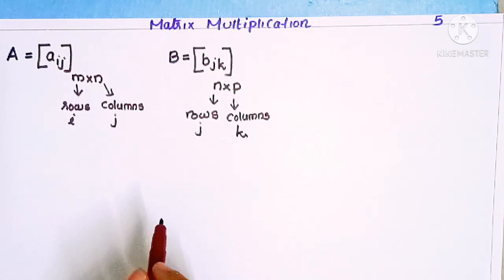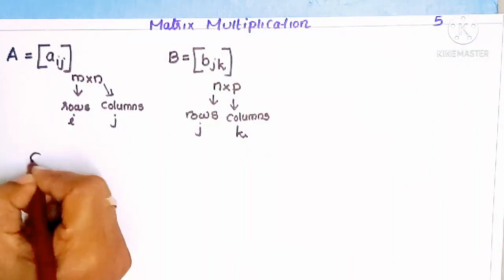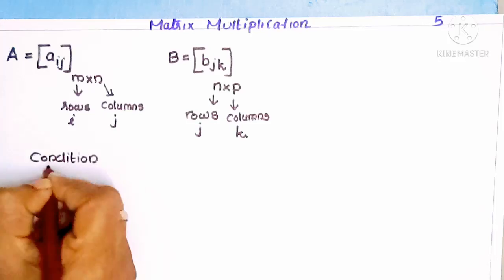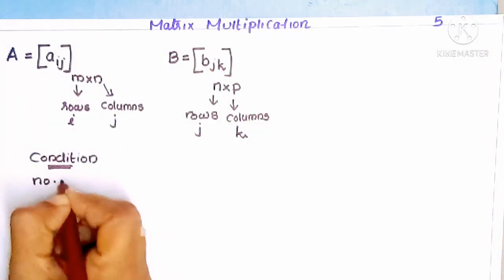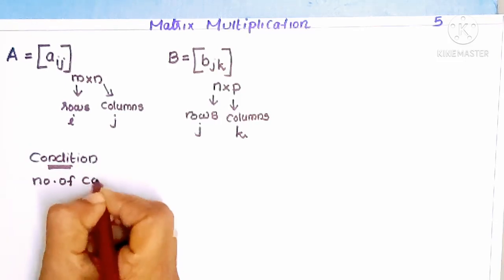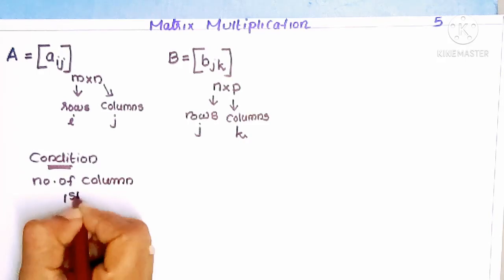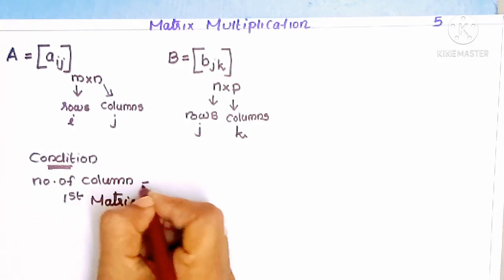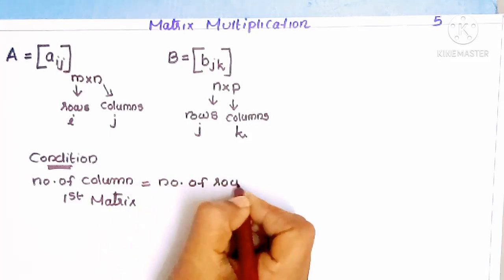For matrix multiplication, there is one necessary condition. What is the condition? The number of columns of the first matrix should be equal to the number of rows of the second matrix.